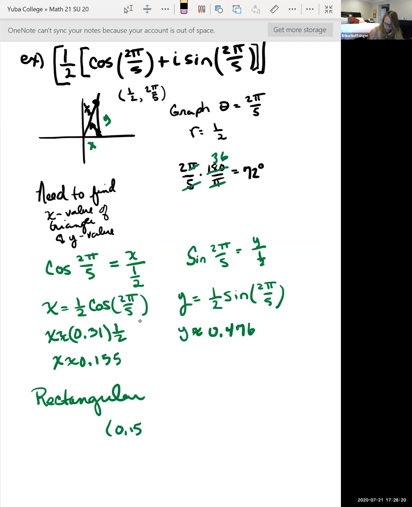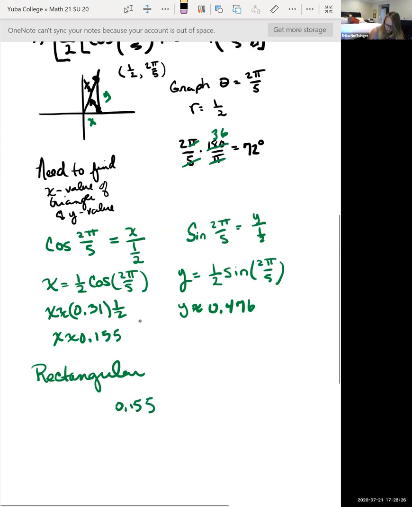Oops, and it's not a point. 0.155 plus, and our i value is 0.476 i. And this would be what z is.